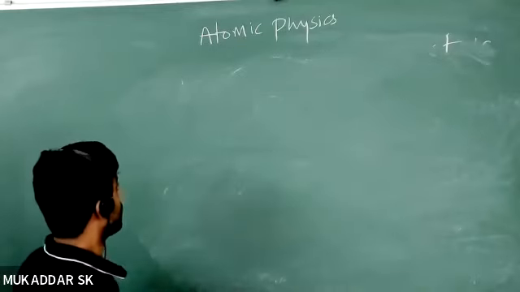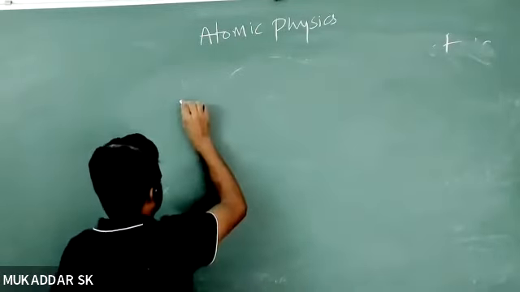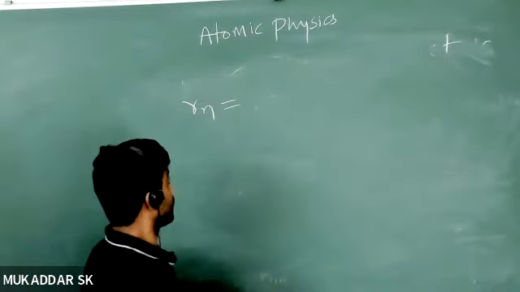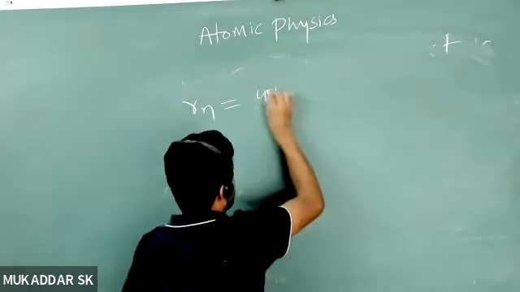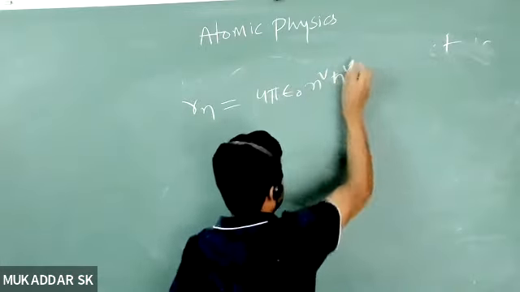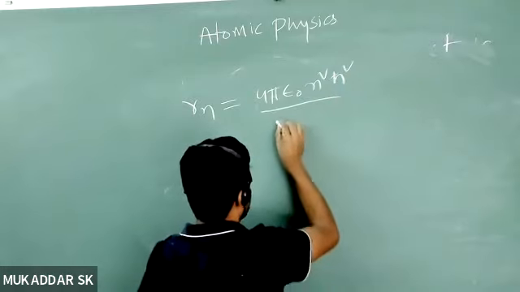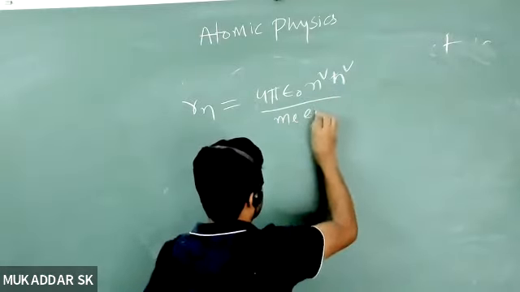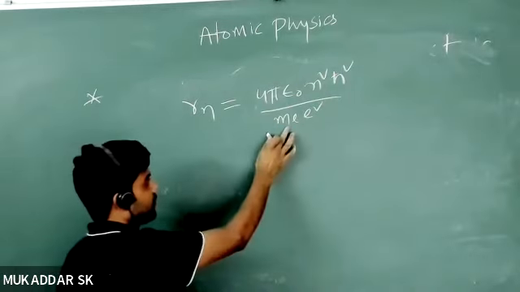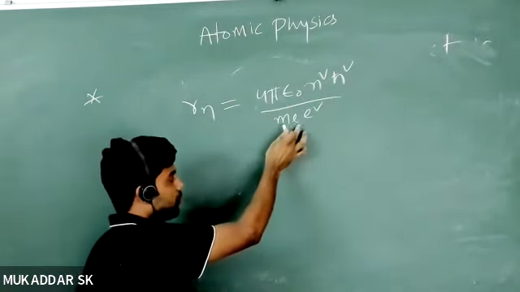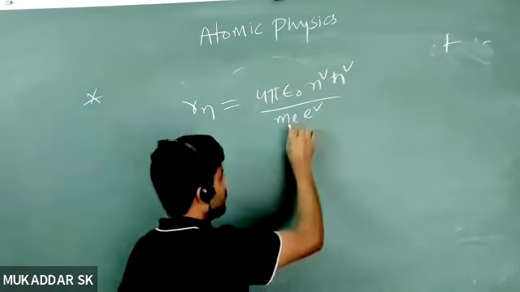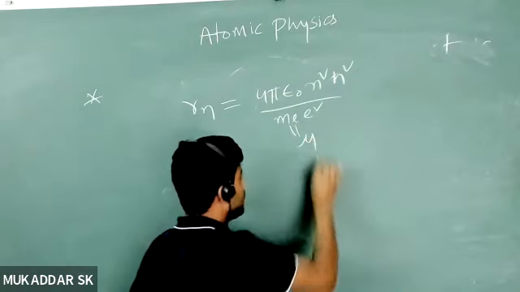Is it clear? So, if you remember the expression for Rn for the hydrogen atom that I wrote, that was 4 pi epsilon naught n square h cut square by me square, right? But you have to do the correction. You have to replace that Me by the reduced mass, that is, replace it by mu.